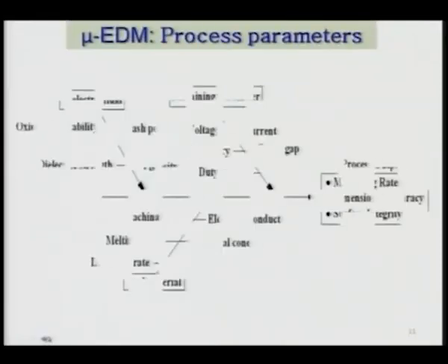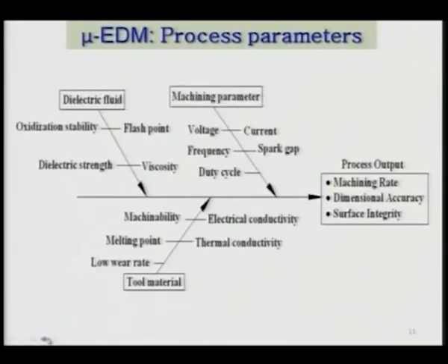Process parameters. Here you have a fishbone diagram of the process parameters. We have already seen that dielectric fluid is there, and the oxidization stability and flash point of the dielectric fluid play an important role.